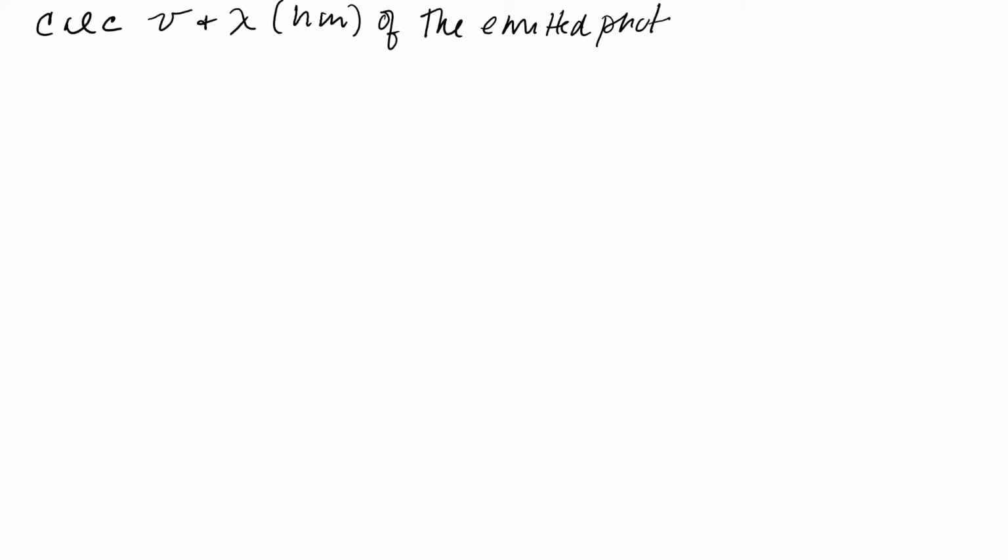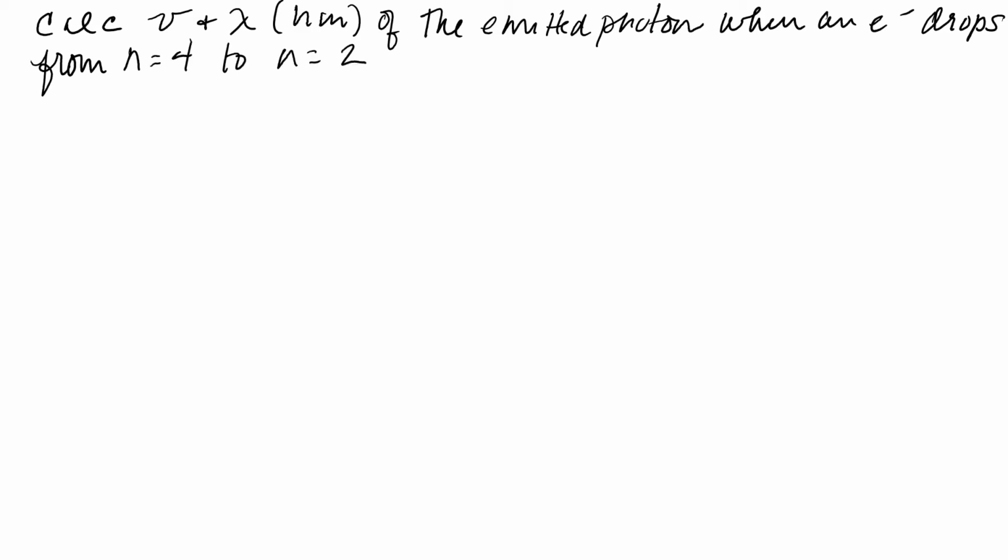That means energy was released in the form of a photon when an electron drops from n equals 4 to n equals 2 in the hydrogen atom.